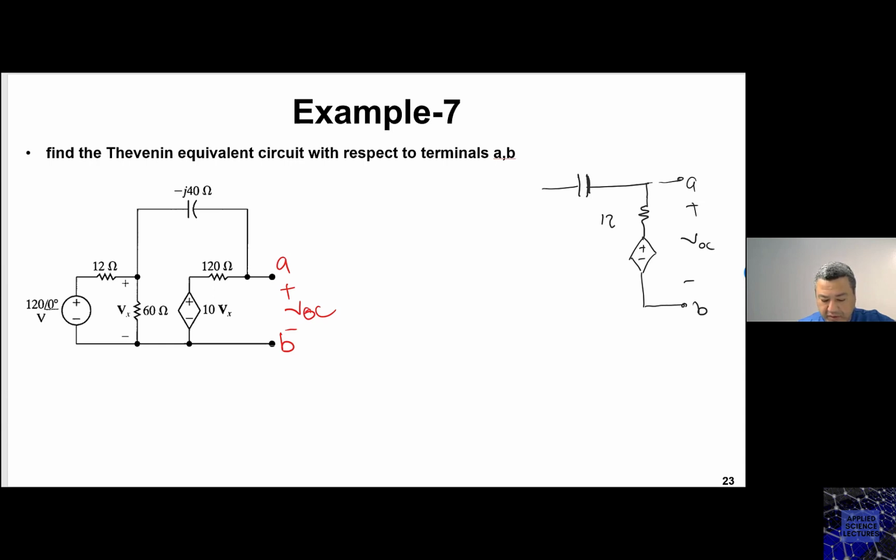So we have 120, minus J40, 60, and this one is Vx, and this one is 10 Vx.